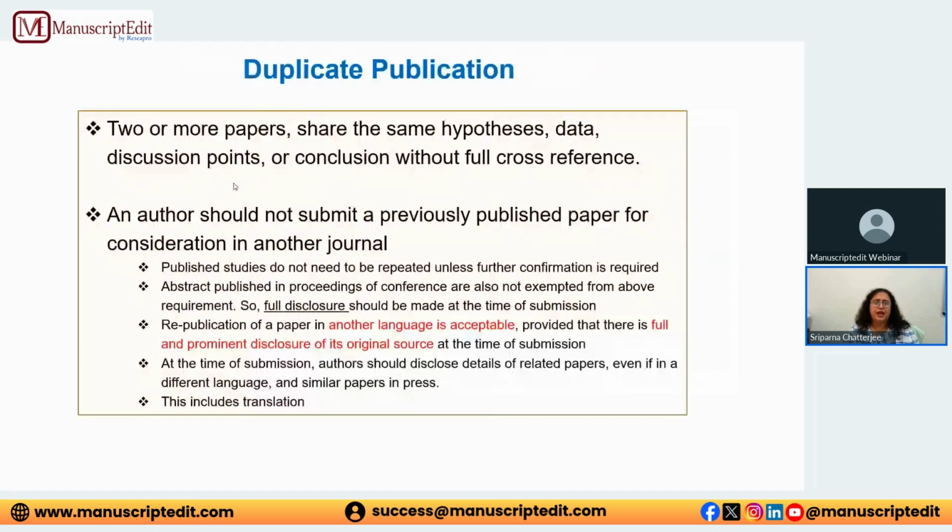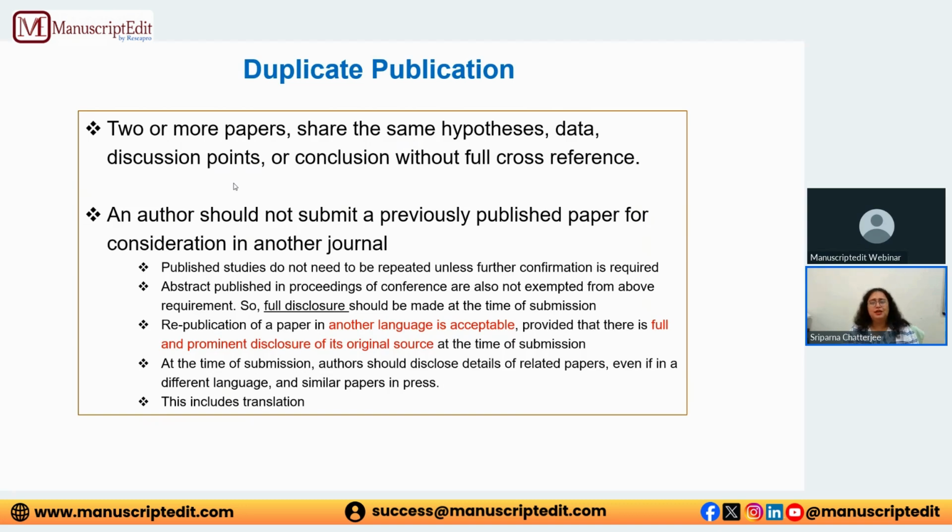And at the same time, we should not do duplicate publication. There are cases where people publish something, and after a few years they send the same paper to some other journal, sometimes with the same title, and sometimes they just change the title.